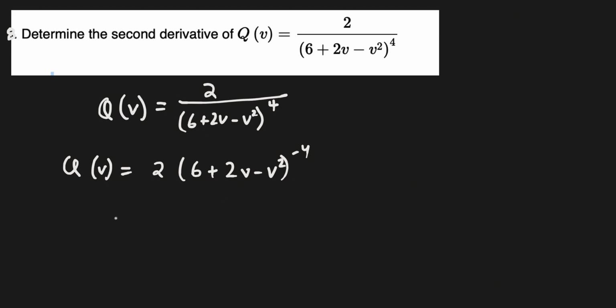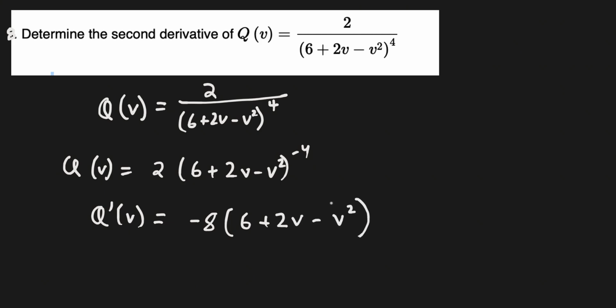So q prime of v is equal to 2 times negative 4, which is negative 8, times 6 plus 2v minus v squared raised to negative 4 minus 1. That's negative 5. And then you multiply by the derivative of the inside.